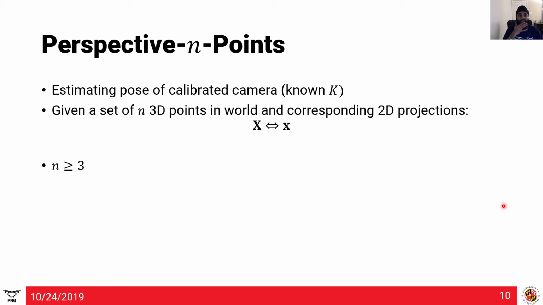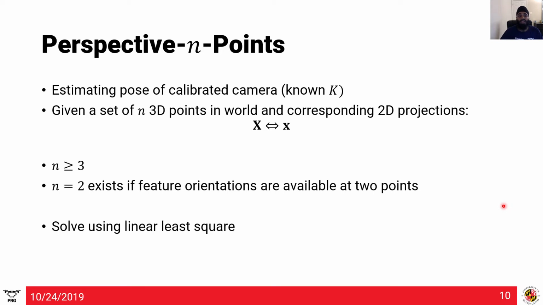So you had n 3D points, right? Let's say you have one image, you have a second image. If you have more than 3 world points, you can solve using least squares, and you can find the pose of a well calibrated camera. Now if n equals 2, you can also solve that, but there's a catch: the feature orientation at these 2 points must be available in all frames.